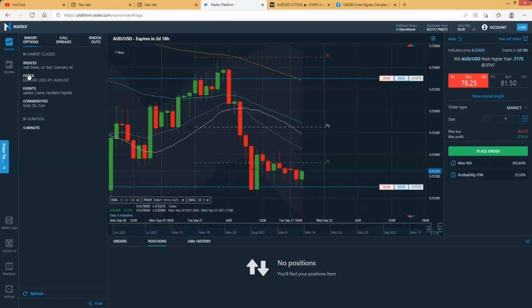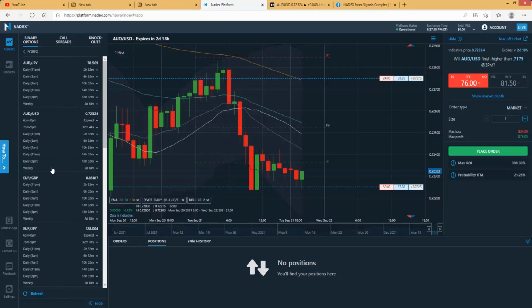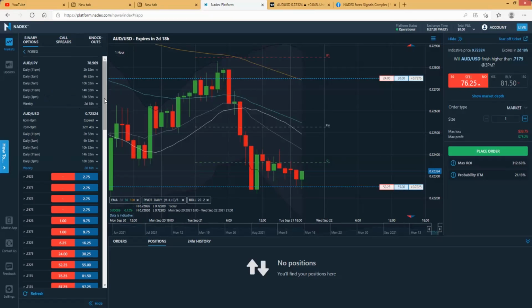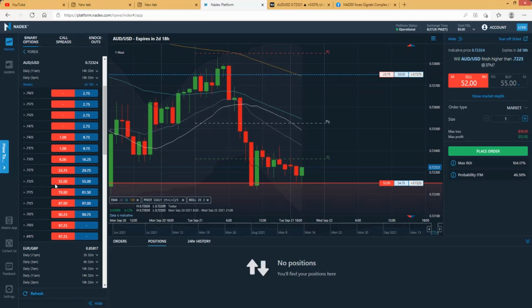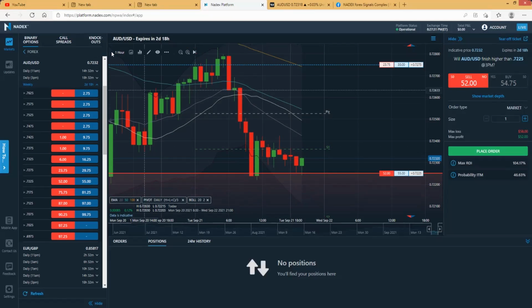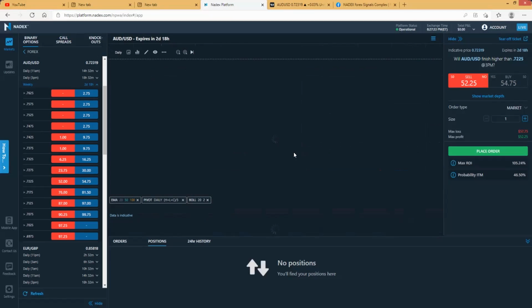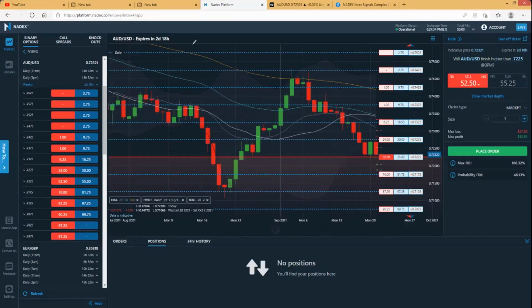go on binary options, Forex, go to the weeklies. And as you can see, it's daily chart, same charts, same pattern going on over here.